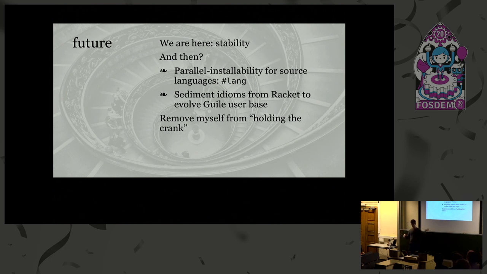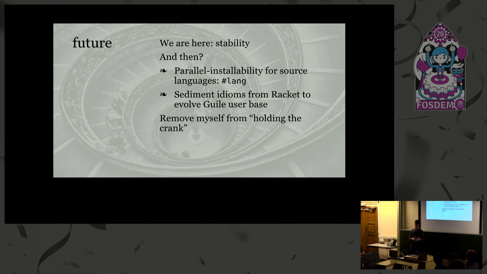And Racket has this really wonderful, elegant solution to this, which is called hash-lang. You just note what language your file is in at the top, and you can have pretty significantly different syntaxes. You can have a more friendly, perhaps, approach to using libraries. So I want to have that. I find that to be parallel installability for source languages, even source languages that are radically different than Scheme.